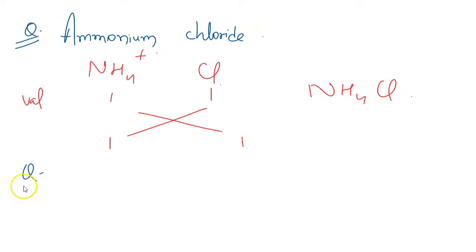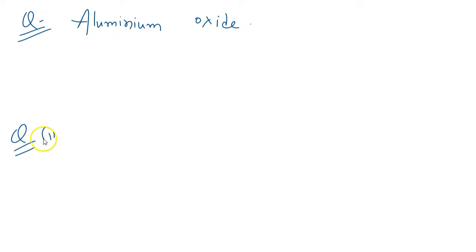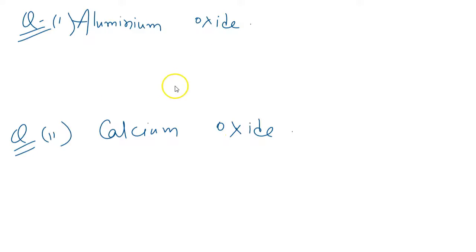Another compound, let's see. For example, we have aluminium oxide. Number 2, we have calcium oxide. So you can pause the video and let me know the formula for aluminium oxide and calcium oxide.